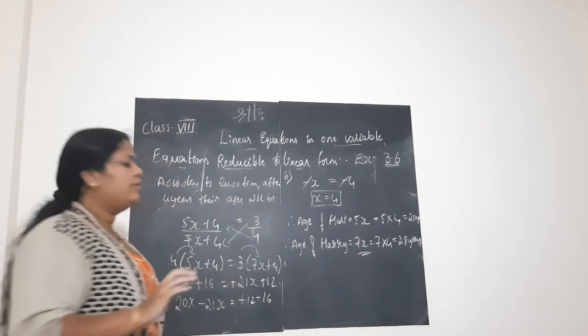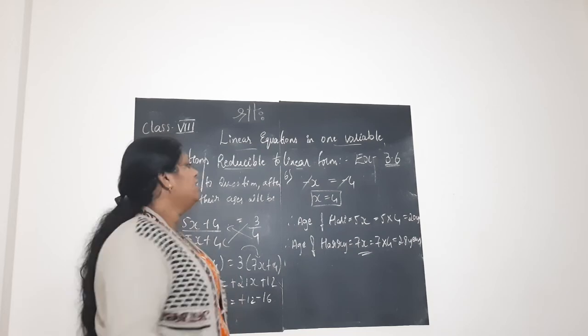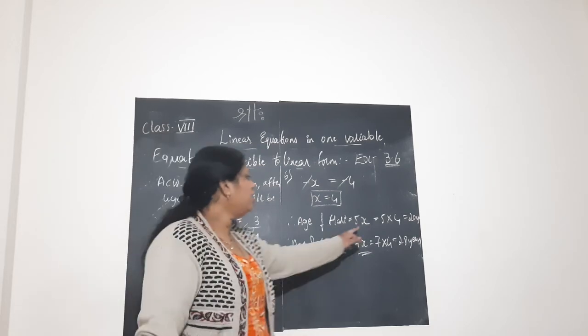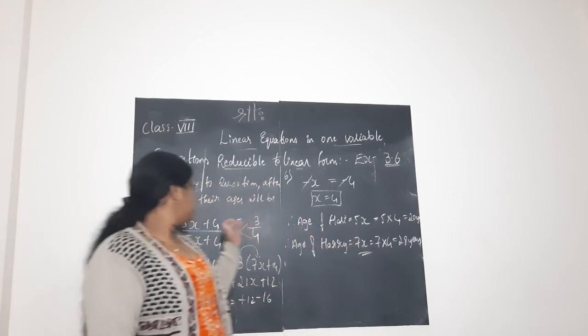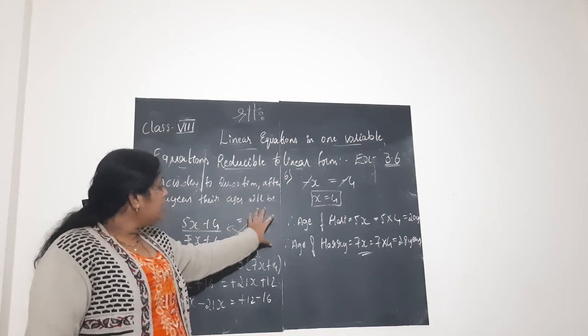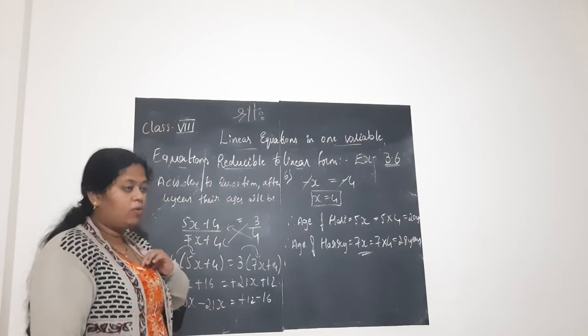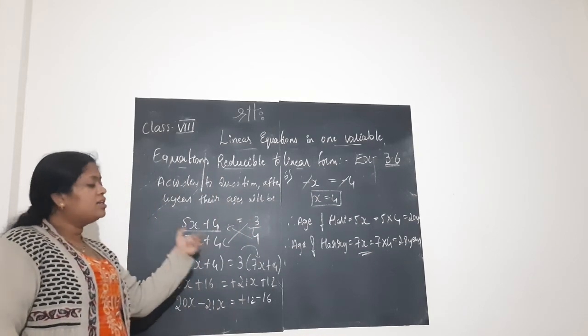So Hari is 20 years old, whereas Harry is 28 years old. That is how you should solve. Why are we not taking 5x plus 4 and 7x plus 4 as we took here? Because here they have given the ratio of their ages after 4 years from now. That is why we took their ages after 4 years.